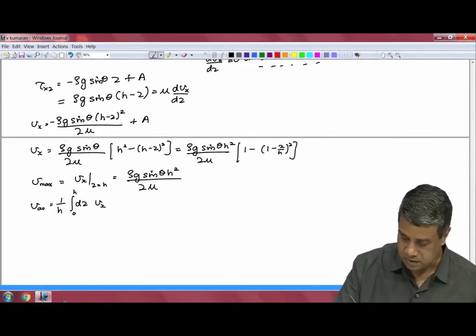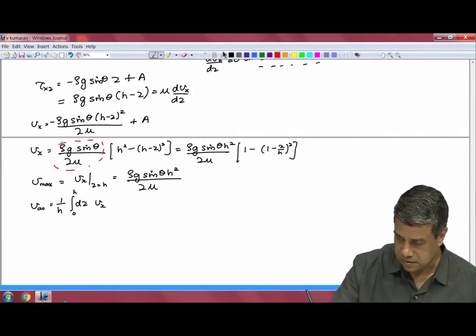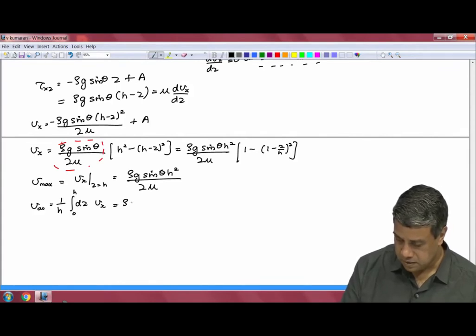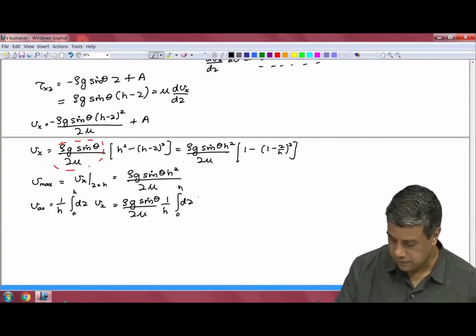All these prefactor terms are constants. So, 1 over h integral 0 to h dz of h square minus h minus z the whole square.